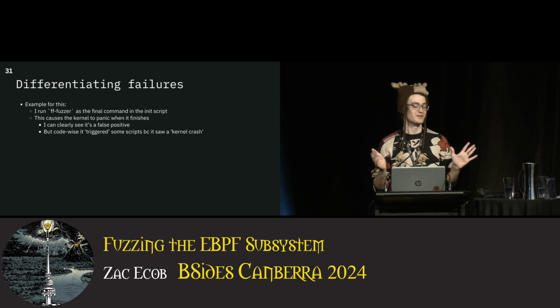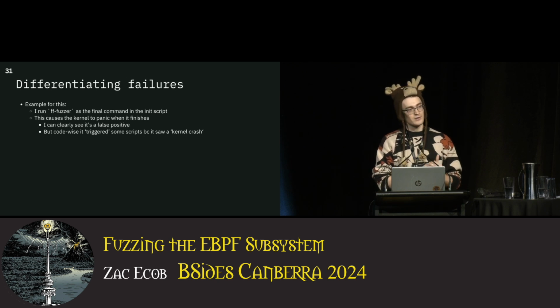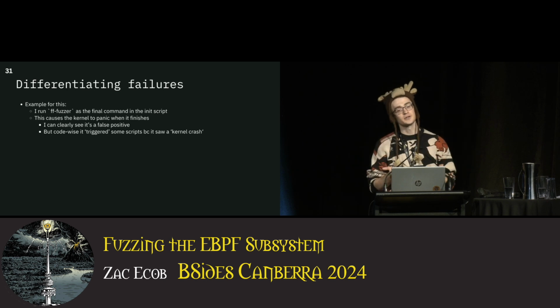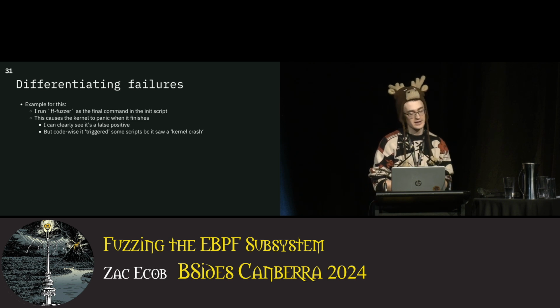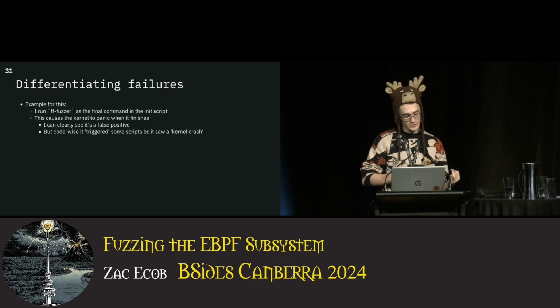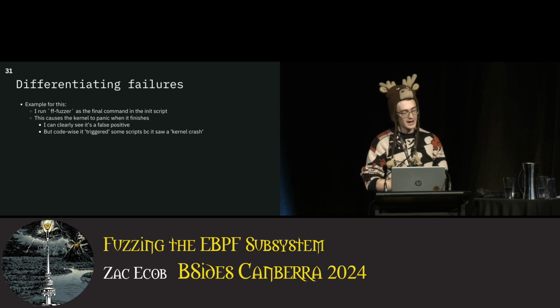So how did I mess this up? I run the stuff inside QEMU to virtualize it, and in the init script, I run the actual fuzzer program as the final command. Now, does anyone know what happens when the init script or process exits? The kernel dies and complains at you. So the kernel panics when my fuzzer finishes. It's like, yep, I fuzzed 1,000 iterations, I've done my job.